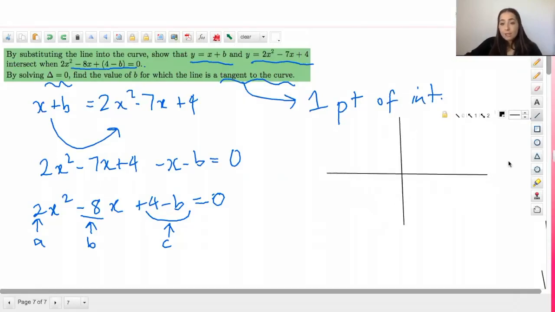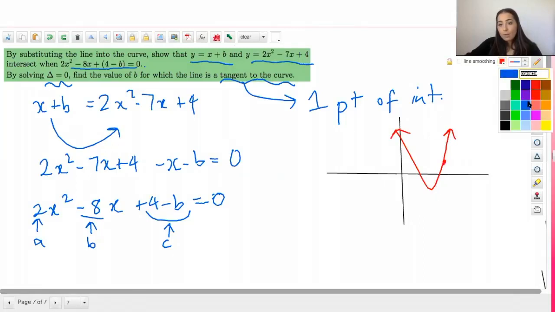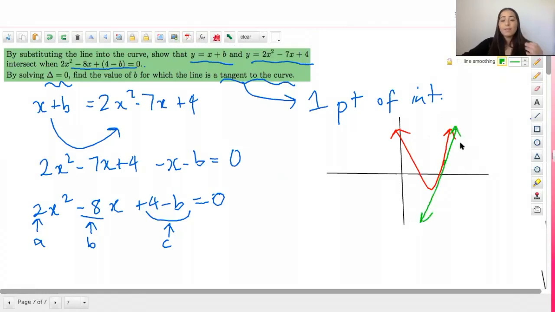The definition of a tangent, so if we just consider any parabola and a point on the parabola, and we look at the tangent, the definition of a tangent is only one point of intersection with the curve that it is a tangent to. That's what a tangent is. That's why we know that when we equate these, when we solve these simultaneously, the discriminant is equal to 0.